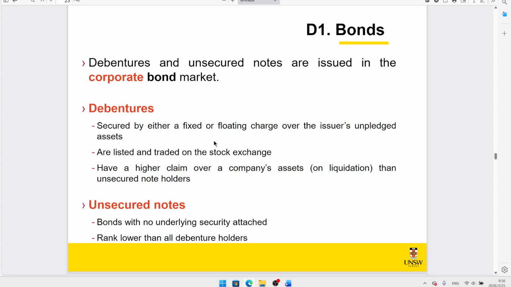A debenture is secured by either a fixed or floating charge over issuer's unpledged assets, is listed and traded on the stock exchange, and has a higher claim over the company's assets than an unsecured note holder. Unsecured notes are issued with no underlying security attached and rank lower than all debenture holders. An unsecured note is a note without collateral.